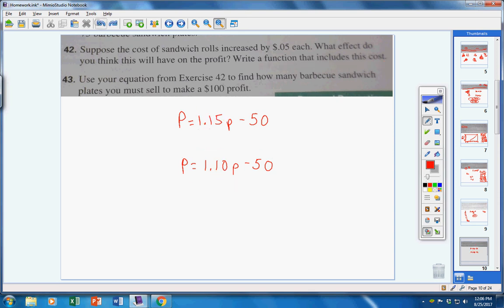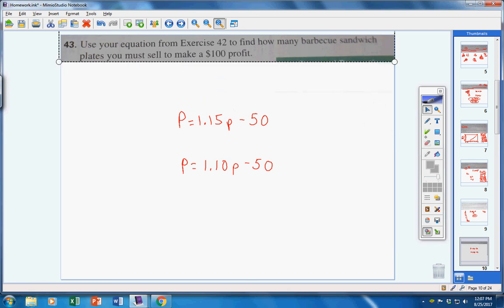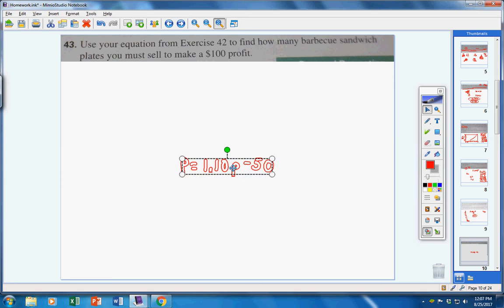Alright. And then lastly it says, use your equation from number 42, which is this equation right here, and find out how many plates you have to sell to make $100 profit. Okay, so now we're going backwards, alright? Now listen carefully, students. This is challenging. In the past, I've been telling you, hey, if you sold 200 plates, what was your profit?